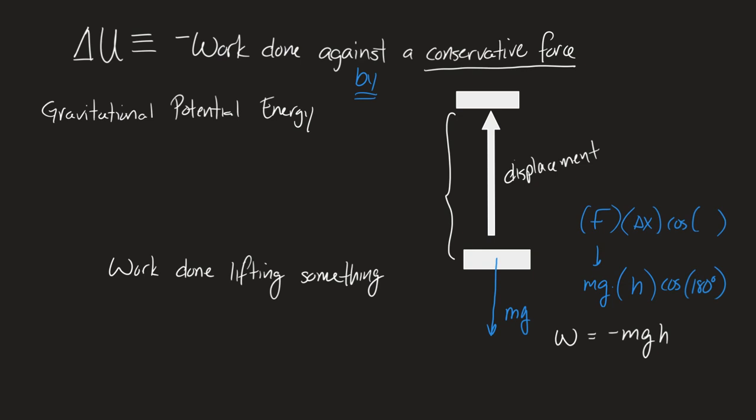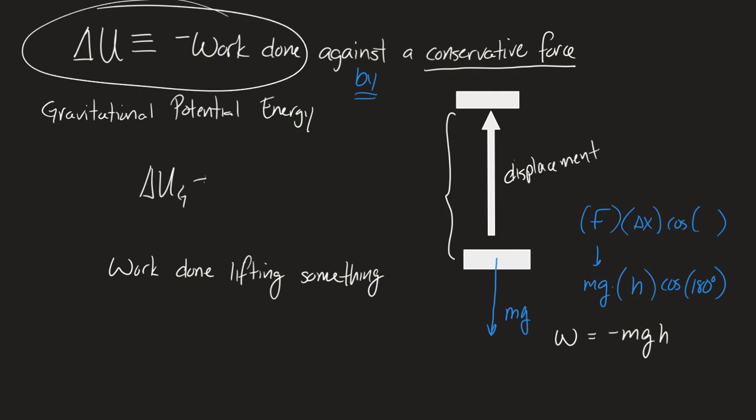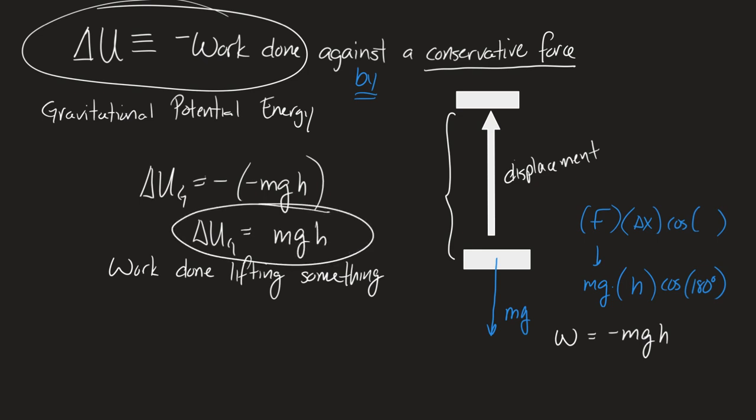That energy went into the book. Because by this definition, the change in potential energy of the book is equal to minus negative mgh. Negatives cancel out here, and we say that the change in gravitational potential energy is equal to mgh. This is how we calculate gravitational potential energy.